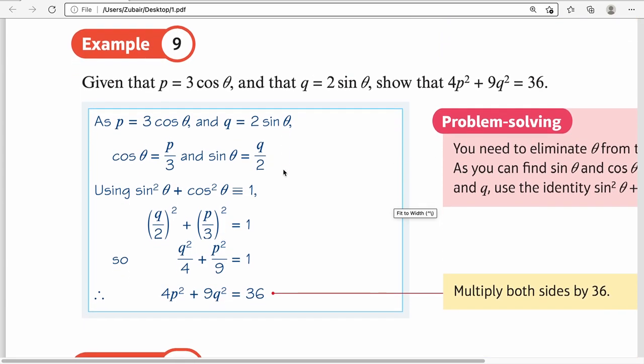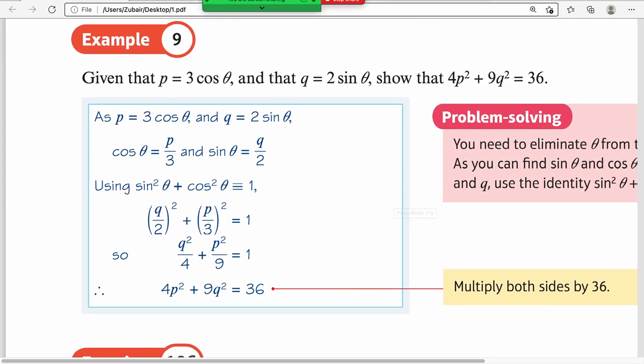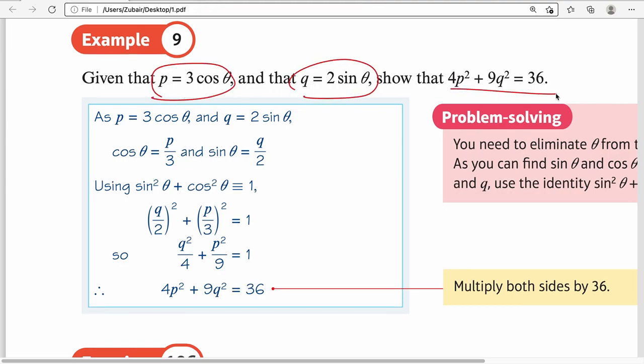Okay, now this is simple algebra. You're given P, you're given Q, show that this equals this. So it is nothing, just substitute the values. P is 3 cos theta, Q is 2 sin theta.